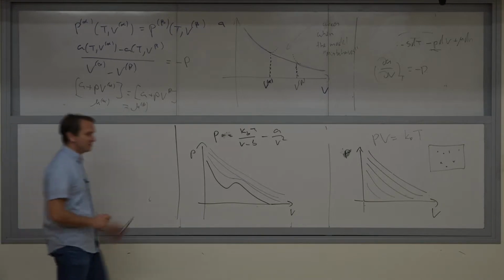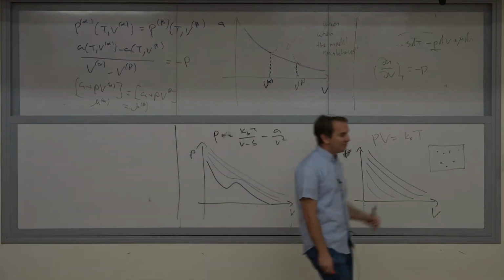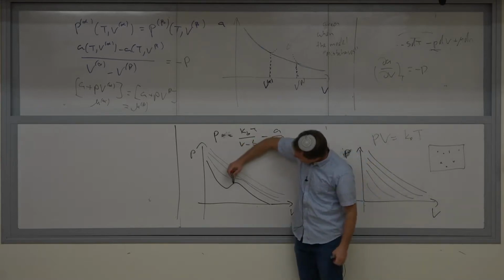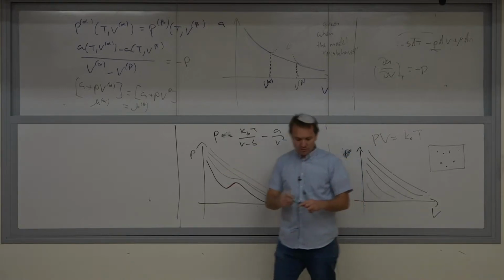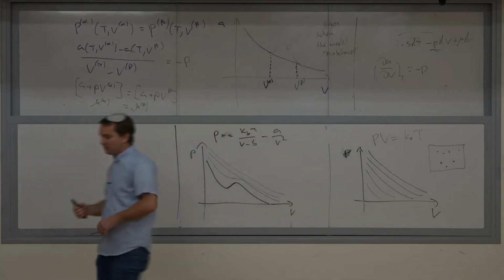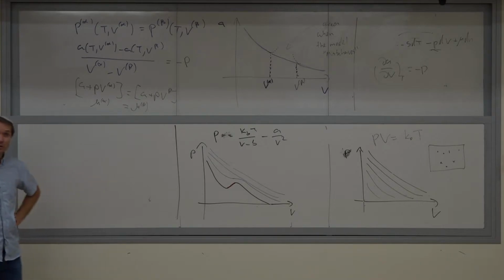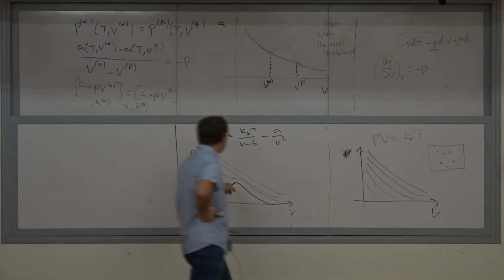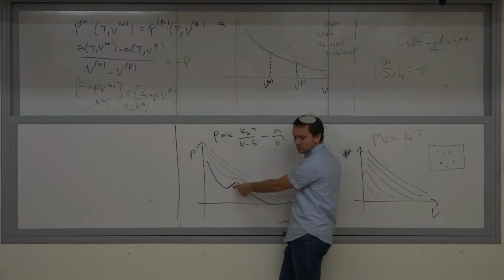Who cares? This is the behavior, this is the great van der Waals prediction, but this is bad. Why is it bad? Because at this area over here, the derivative of P with respect to V is what? It's positive. Okay, it's positive. So the system here is not stable.